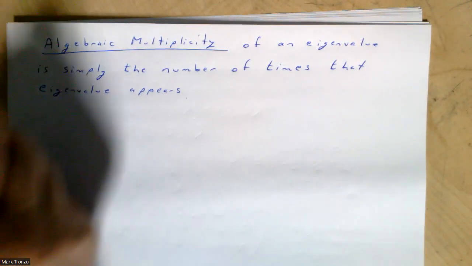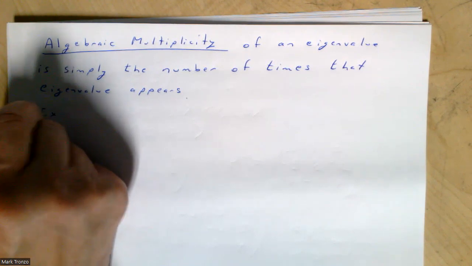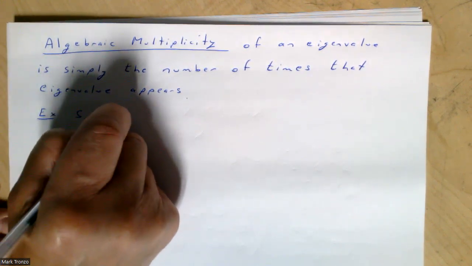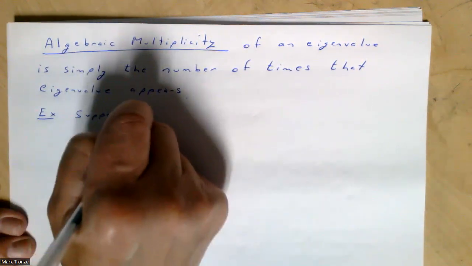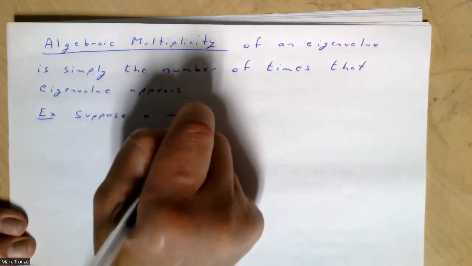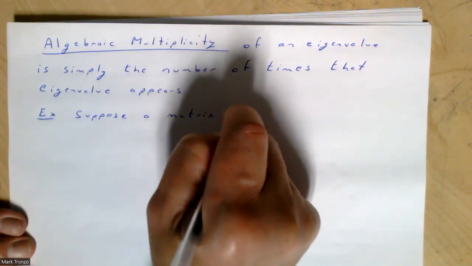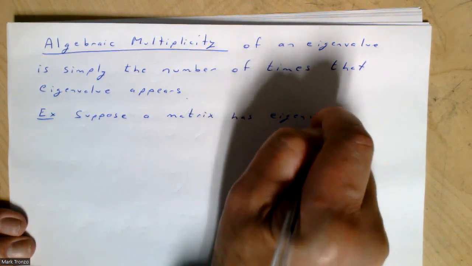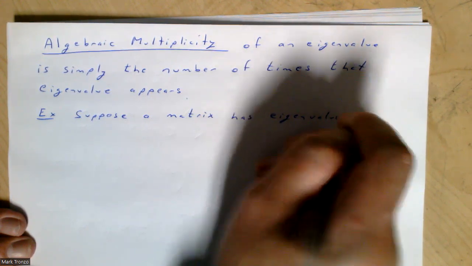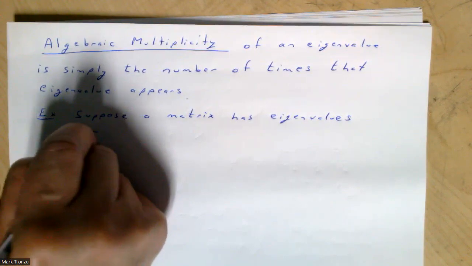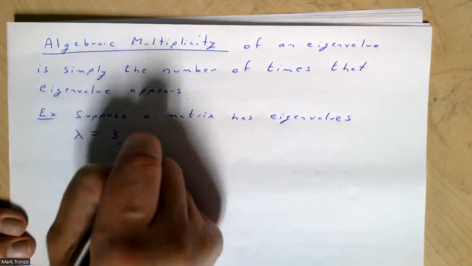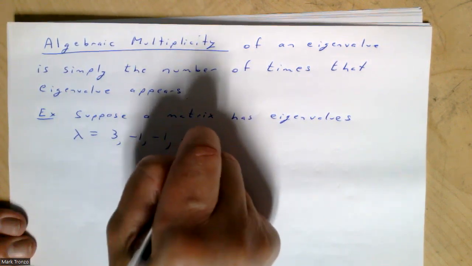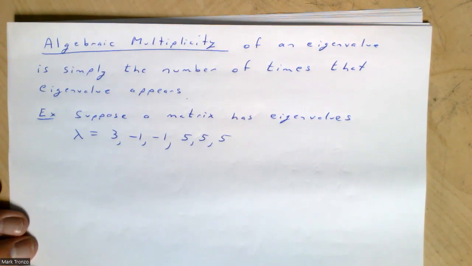So, for example, suppose a matrix has eigenvalues. Let's say lambda is equal to 3. Let's say -1 repeated twice. And let's say 5 repeated 3 times.